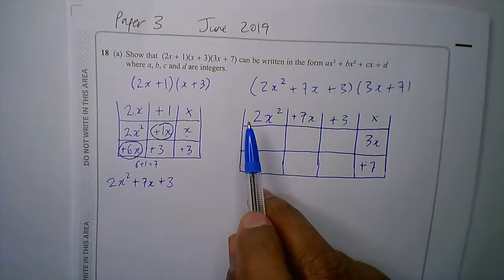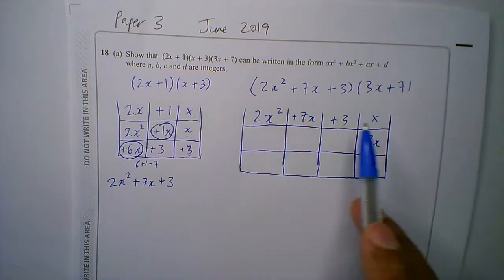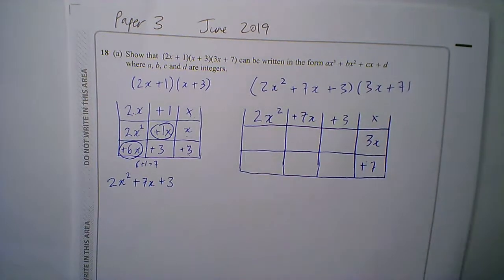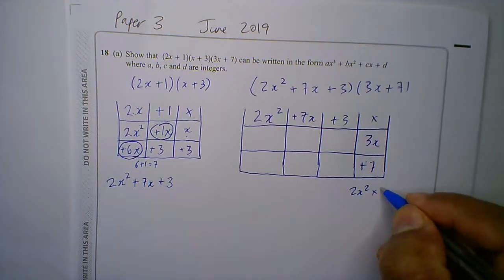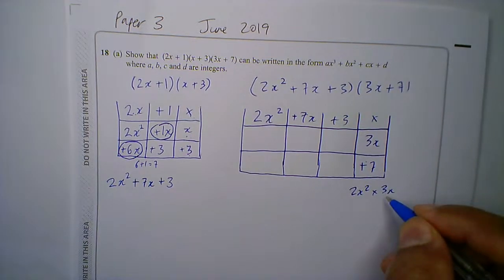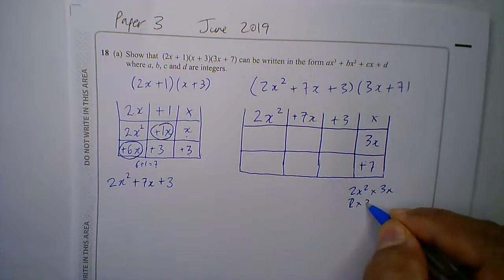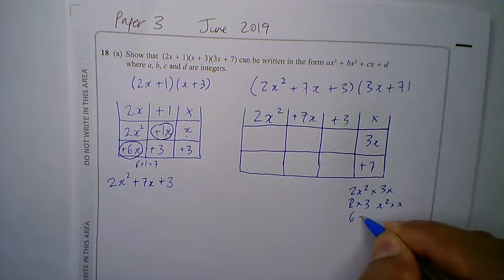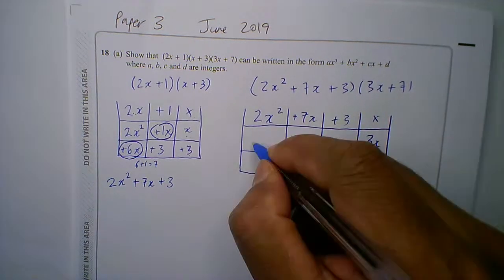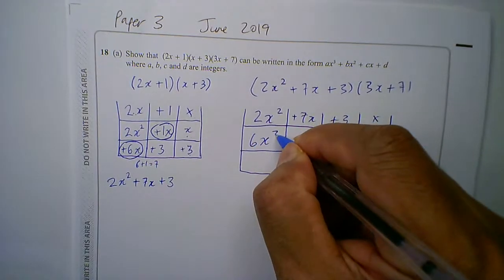So similar to before, I'm now doing 2x squared times 3x. So 2 times 3 gives me 6. x squared times x gives me x cubed. 6x cubed.